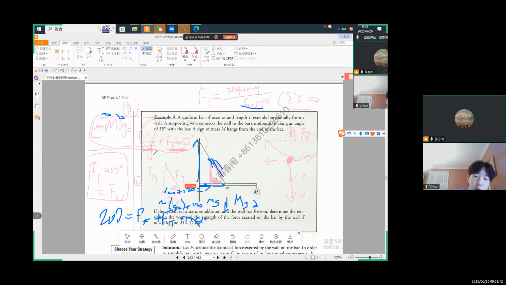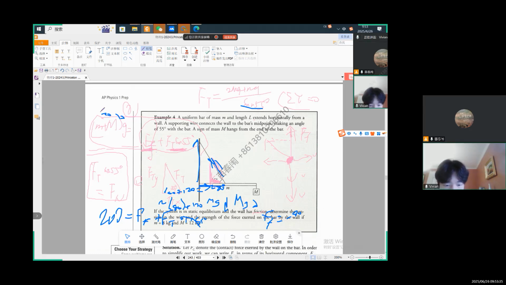That's 280. So that means F friction is negative 80. Wait, friction is negative 80? I think friction is 120.